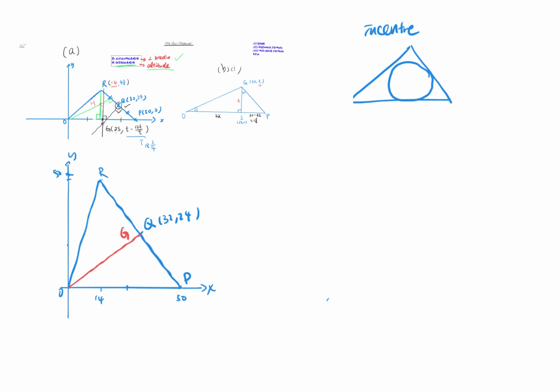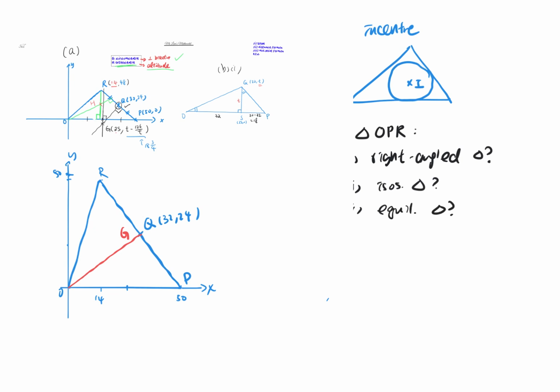But the second thing, which is important but unexpected, with the in-center being I, is to check if the triangle is something special. What does it mean by special? Maybe number one, will it be a right angled triangle? Or number two, is it an isosceles triangle or even an equilateral triangle?